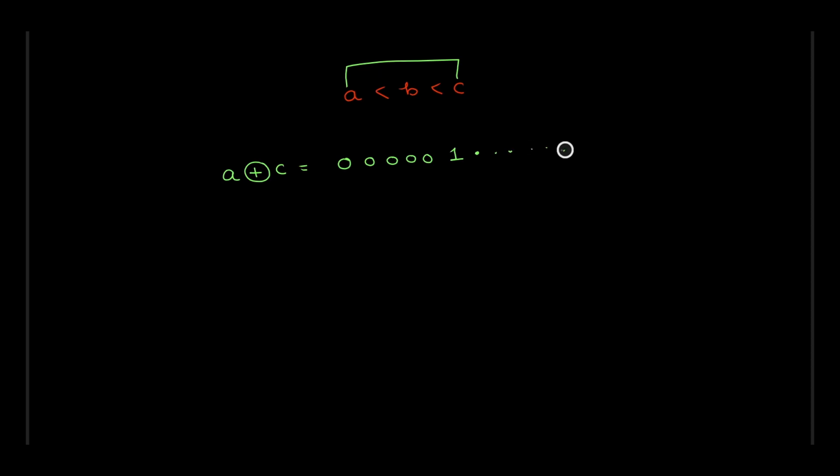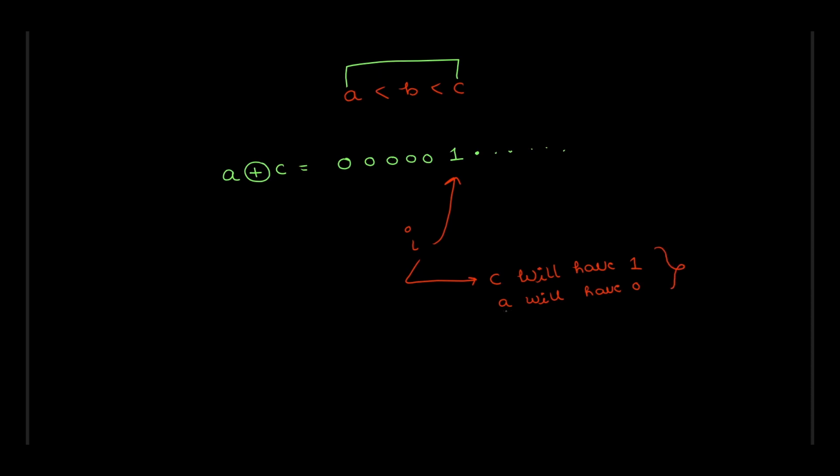We are claiming that at the point where A XOR C contains 1, at this index I, C will have a set bit, C will have 1 and A will have 0. Now pause this video and convince yourself why this fact is true.